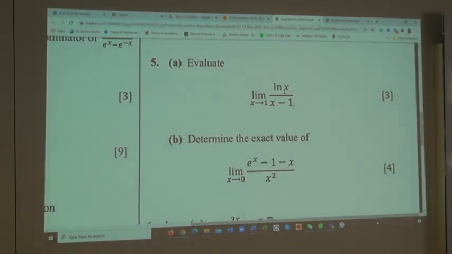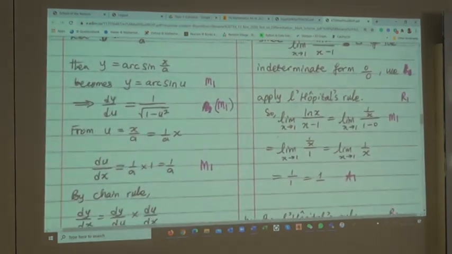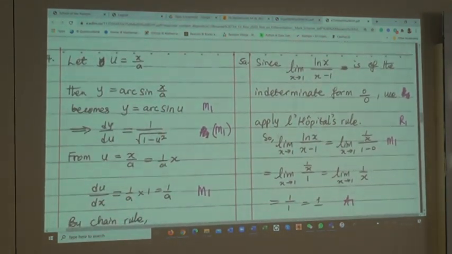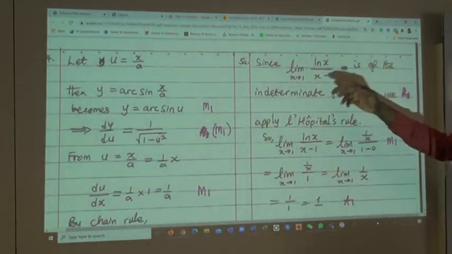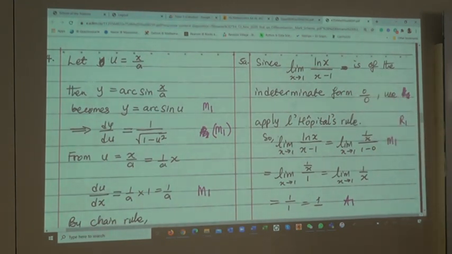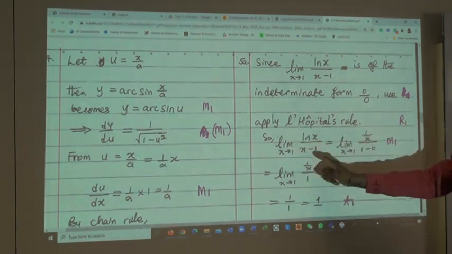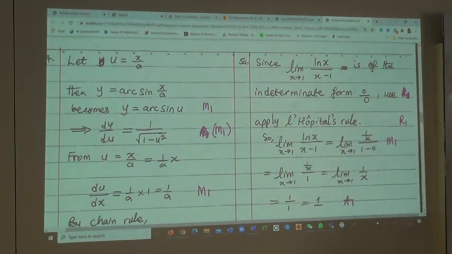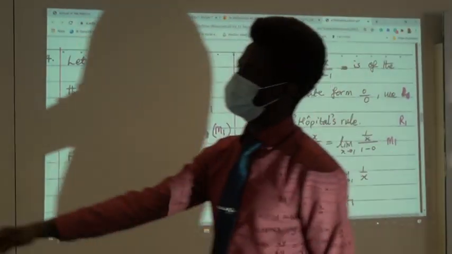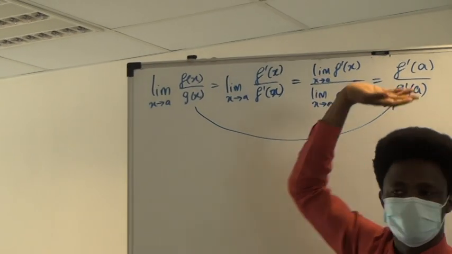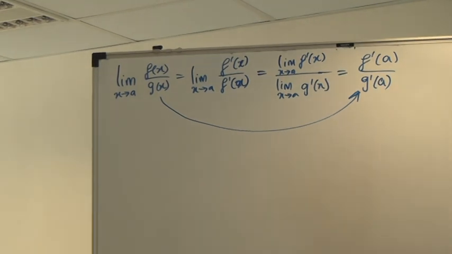So that's why I wrote this. Since this is of the indeterminate form, we apply L'Hopital's rule. So this limit is the same thing as this limit. The limit of the original is the same as the limit when I differentiate. That's what I've done. Okay?